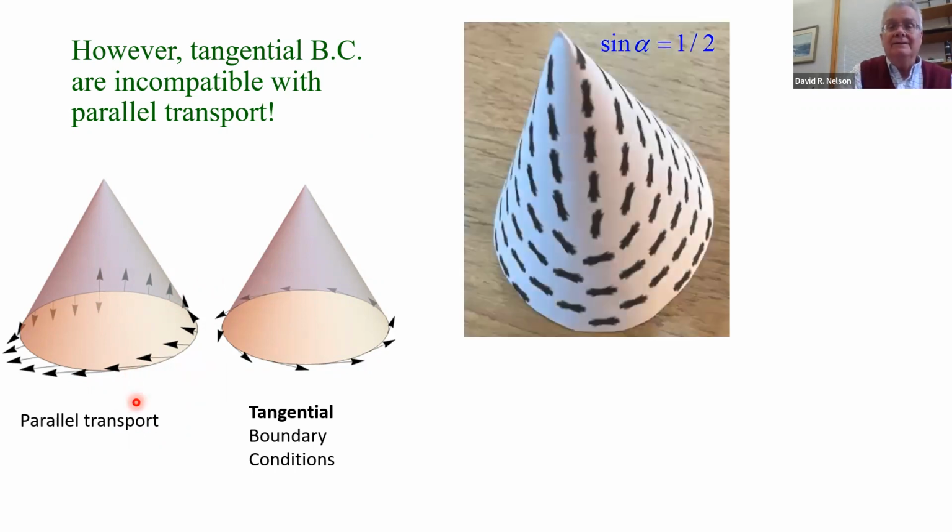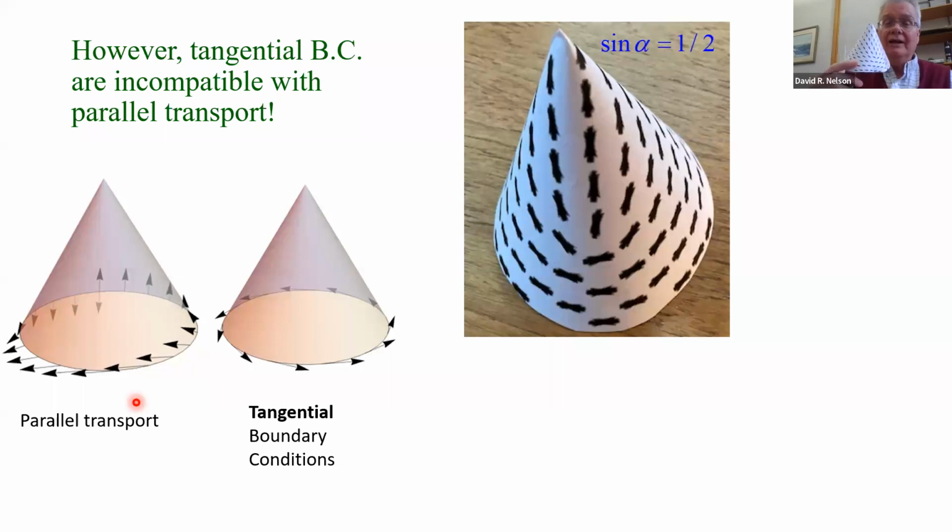I have a picture here of a sine alpha equals 1/2 cone. And if you can see my camera, here's an actual little model that I made from one of Grace's simulations.